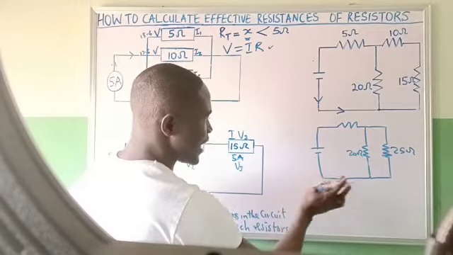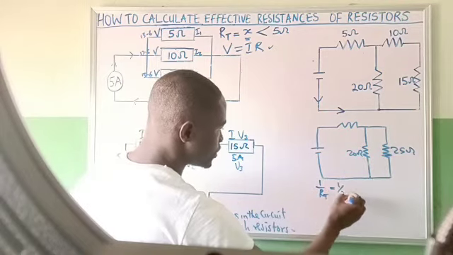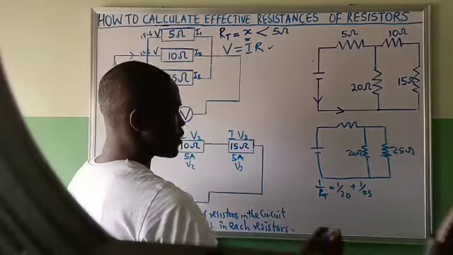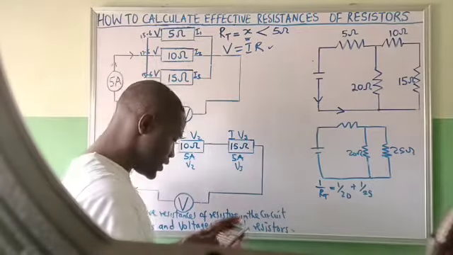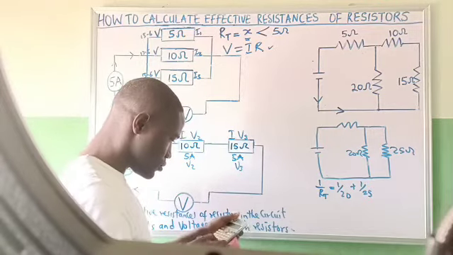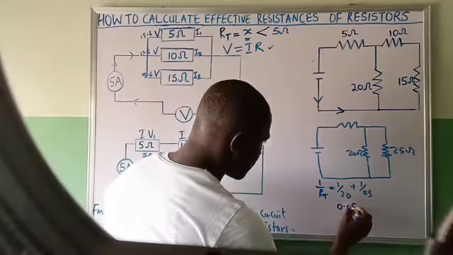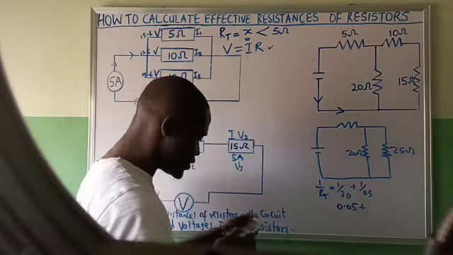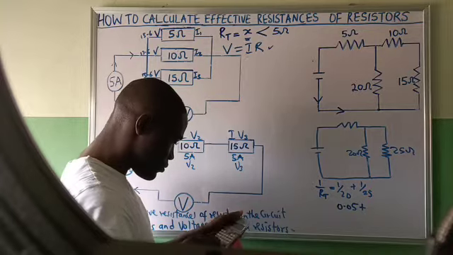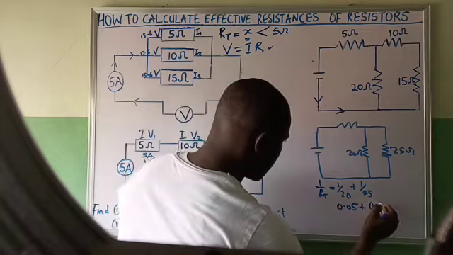Since they are in parallel, 1 over RT equals 1 over 20 plus 1 over 25. 1 over 20 is 0.05, plus 1 over 25 is 0.04.